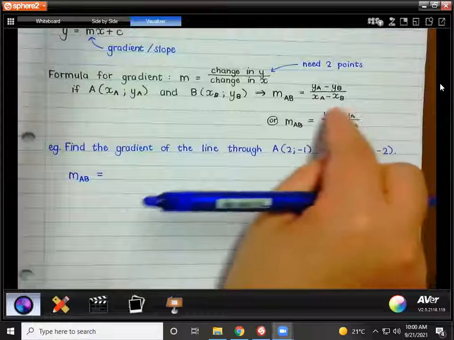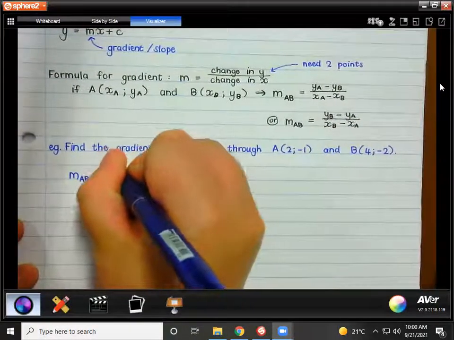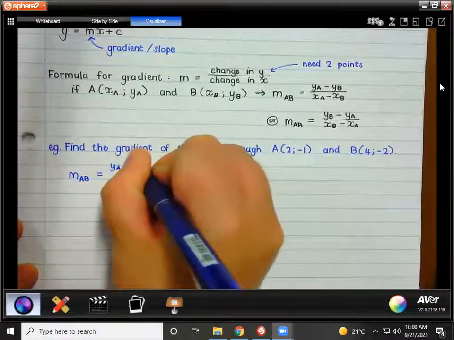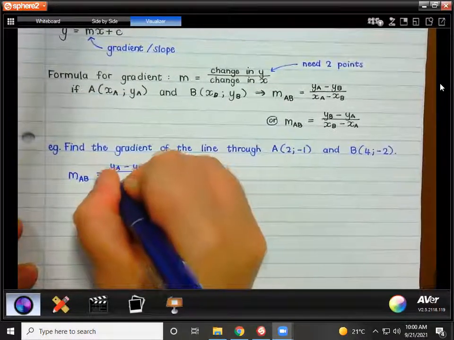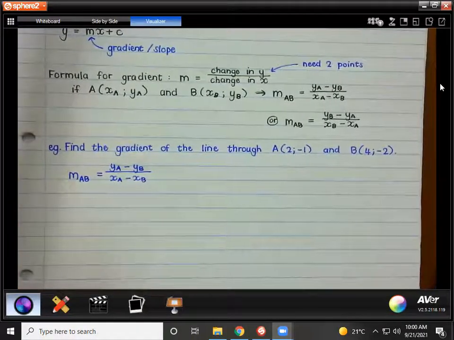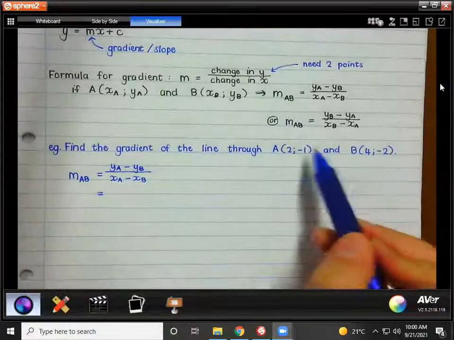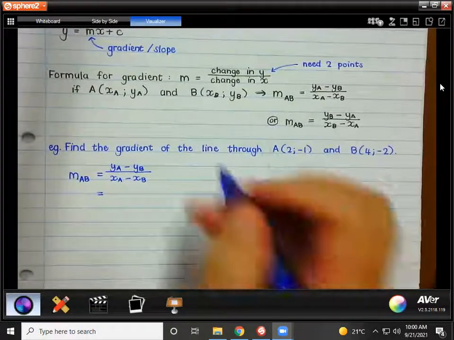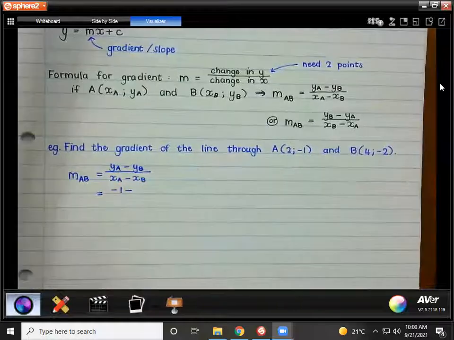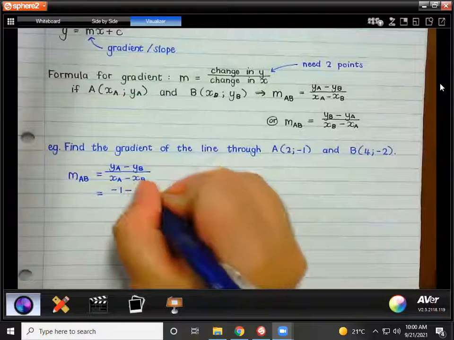Let's write down the formula. You don't really have to, but because we just started now, let's write it down. If we're starting with A, we're going to do the y value of A minus the y value of B divided by the x value of A minus the x value of B. Okay, what is the y value of A, guys? -1 minus the y value of B, which is -2.